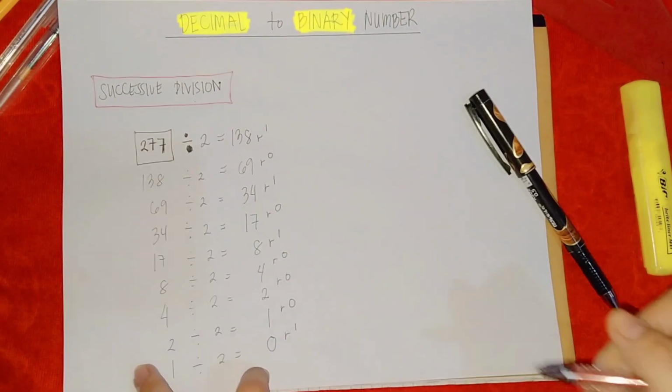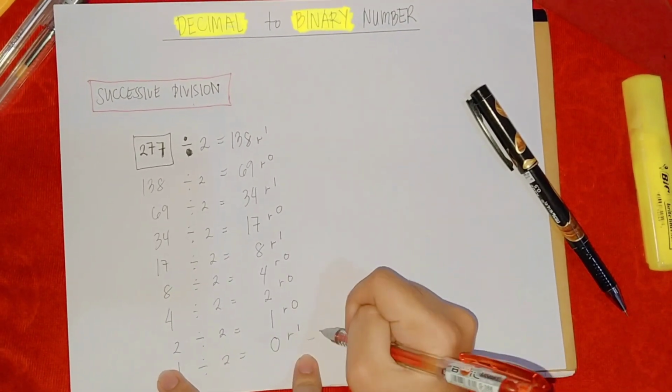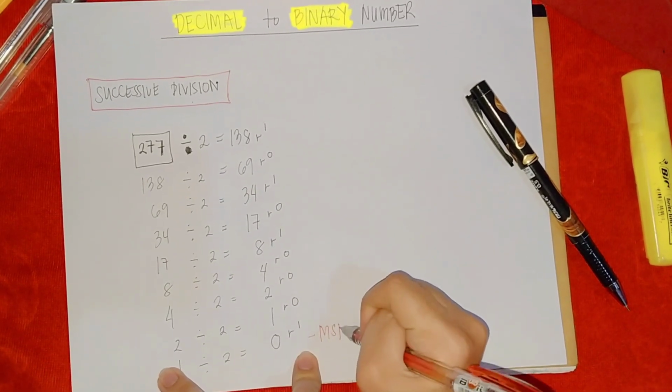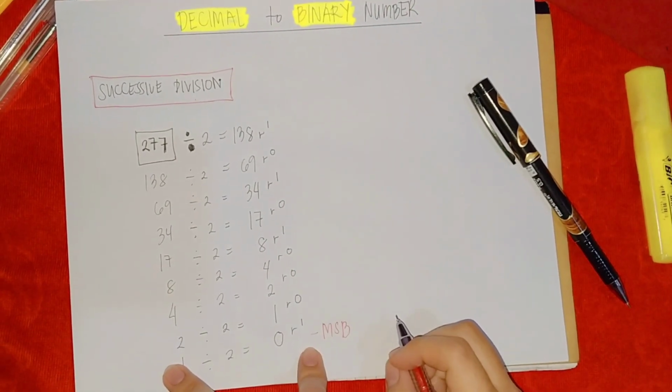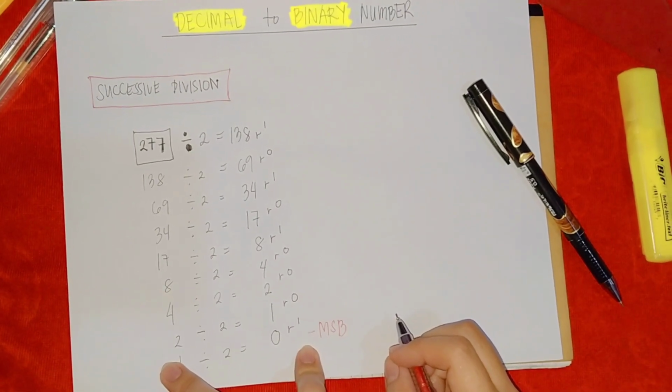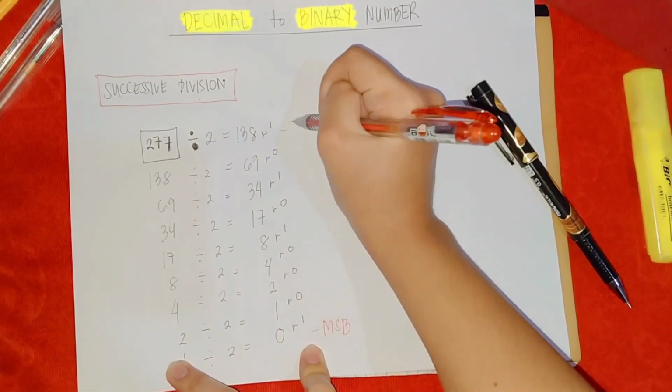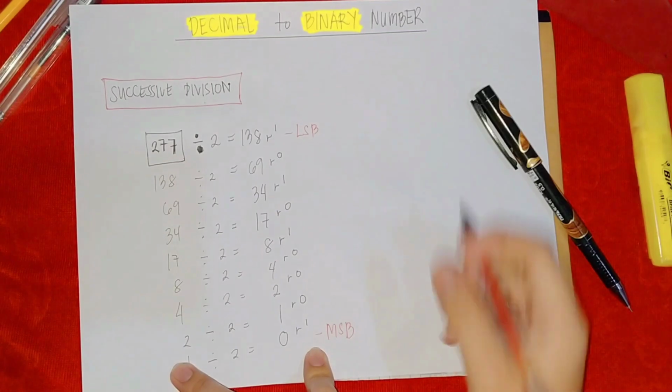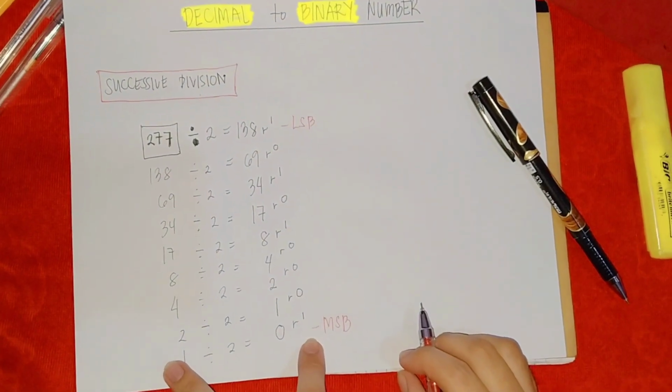At the bottom, we have the MSB, or the most significant bit. And at the top, we have the LSB, or the least significant bit.